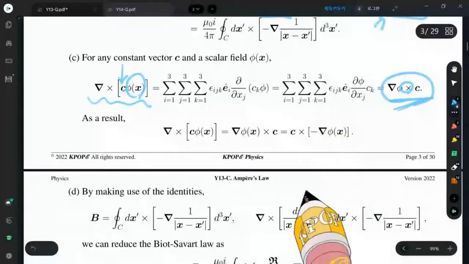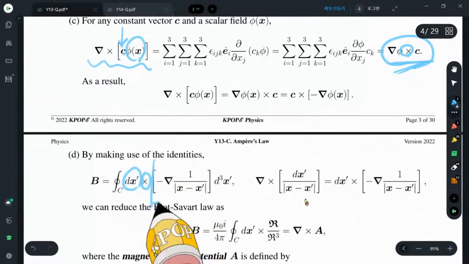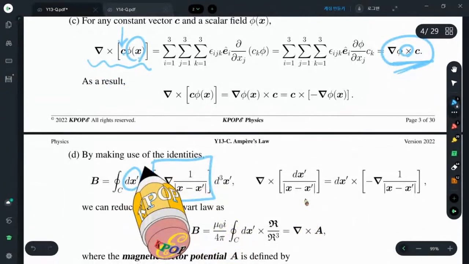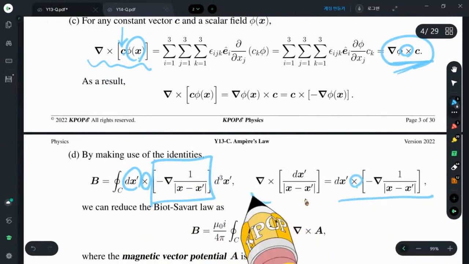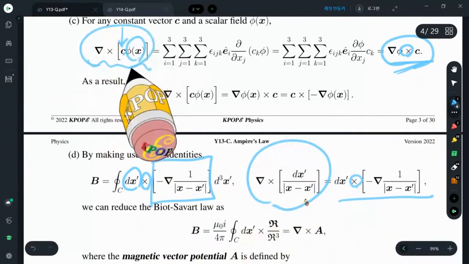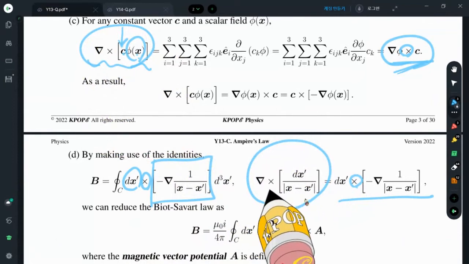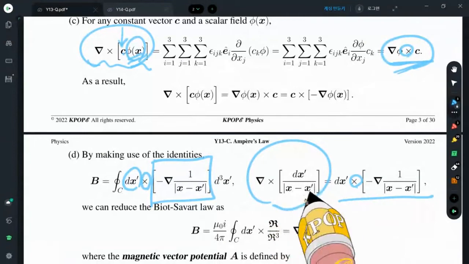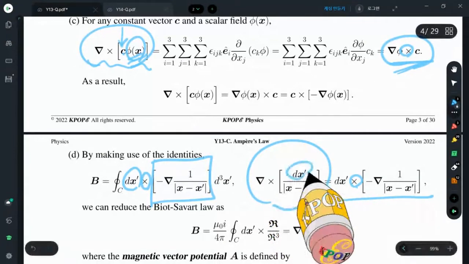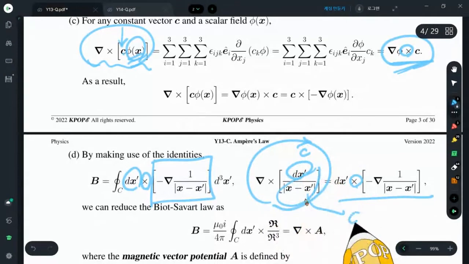Because of that, we have a cross product with the gradient, and that can always be expressed using this formula, substituting phi as 1 over r, and this is a constant vector c.